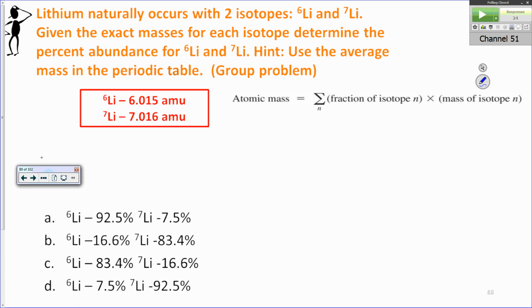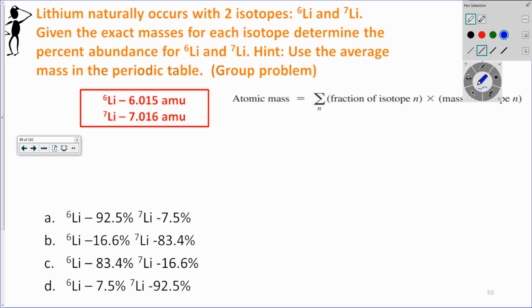Now I want you to tell me what the mass is for the lithium isotope. You're working it. You can ask a neighbor. You've got a couple of minutes.